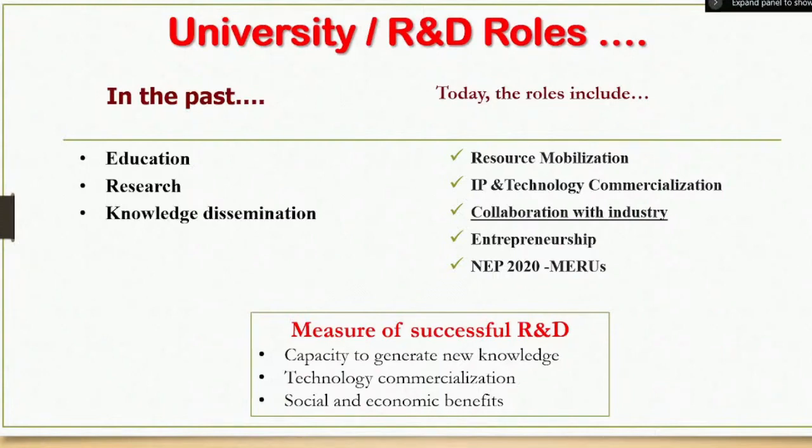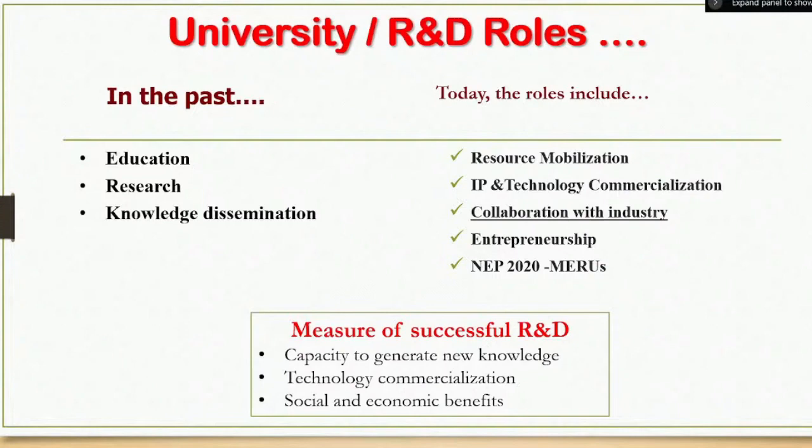One is that we should be able to generate more knowledge in our universities by undertaking innovative research. And whatever research we undertake, it should try to solve the problems of society. And once you develop a solution to solve that problem, you need to transfer that knowledge to industry, startup companies, so that people will produce the product or service, and benefit the society.